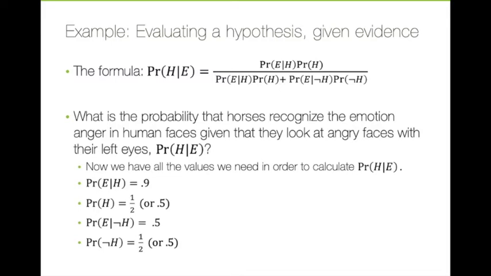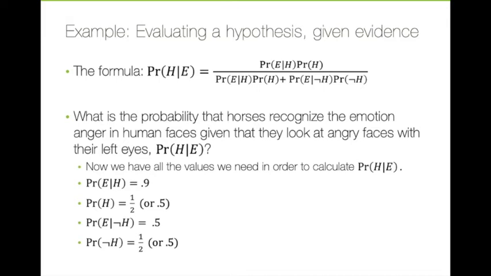With all this information, we can now say what the chance is that the hypothesis is true, given that we observed the evidence. In other words, what's the probability that horses recognize the emotion anger in human faces, given that they look at angry faces with their left eyes? That's our probability of H given E. Well, we now have all the values we need in order to calculate that.